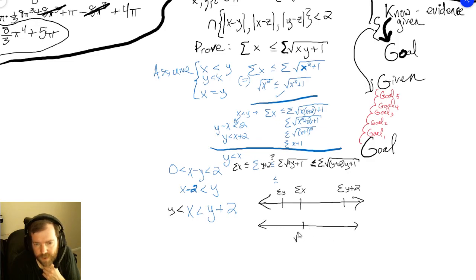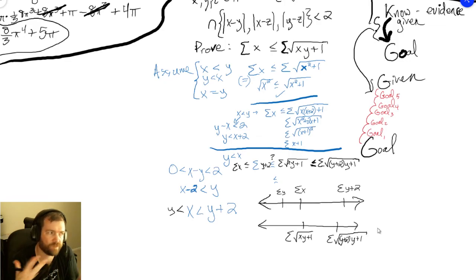So we know that this has got to be the sum of the square root of xy plus 1, and then the sum of all square roots of y plus 2 times y plus 1 is going to be somewhere bigger than that, but we don't know exactly where. In theory, we could also say that if we just replace x's with y's, then we end up with y squared plus 1 here.